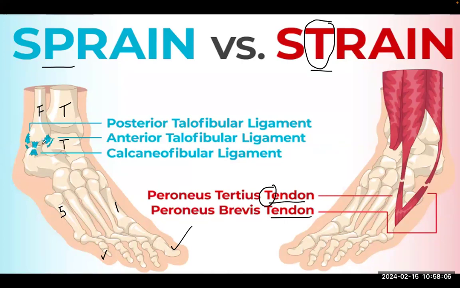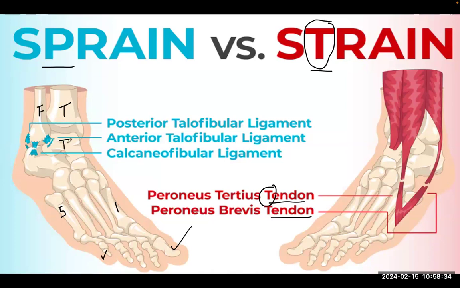So in this particular picture, on the left-hand side, this is a sprain where the soft tissue structures of ligaments are stretched beyond their anatomical limit, and there's a lesion, there's a tear. This is what happens when you slip down stairs, or your ankle falls in a pothole, or you slip down off a curb.